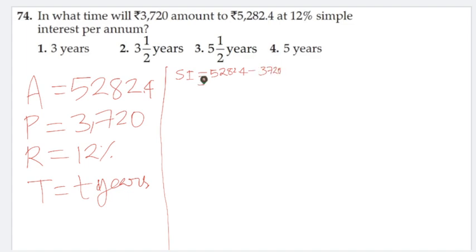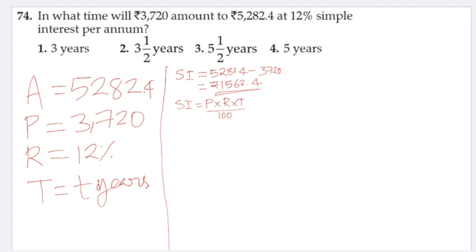We will get rupees 1,562.4 as the simple interest amount. Okay. Now what is the formula for simple interest? Simple interest formula is P, that is our principal amount, multiplied with R, that is our rate of interest, multiplied with time, that is T, divided by 100. So this is how we will calculate the simple interest.